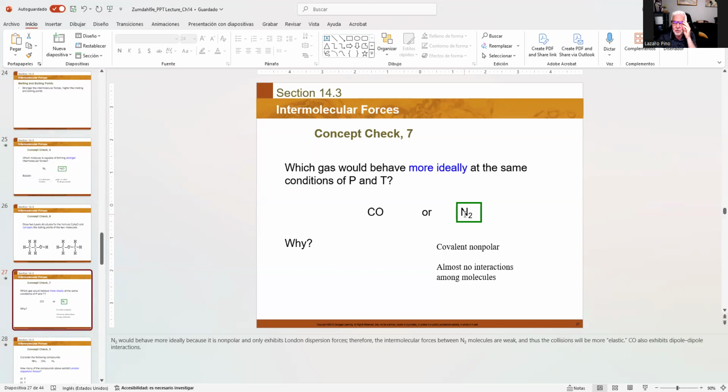While carbon monoxide is polar, so there are interactions between molecules. That's why with the covalent nonpolar, there is almost no interaction between molecules, and then the behavior is more ideal.